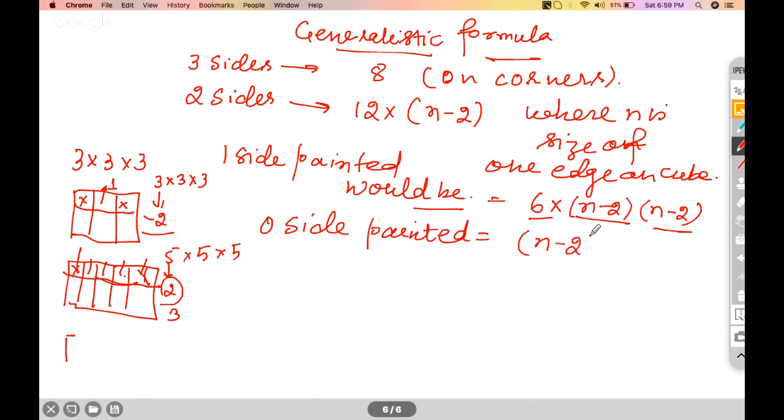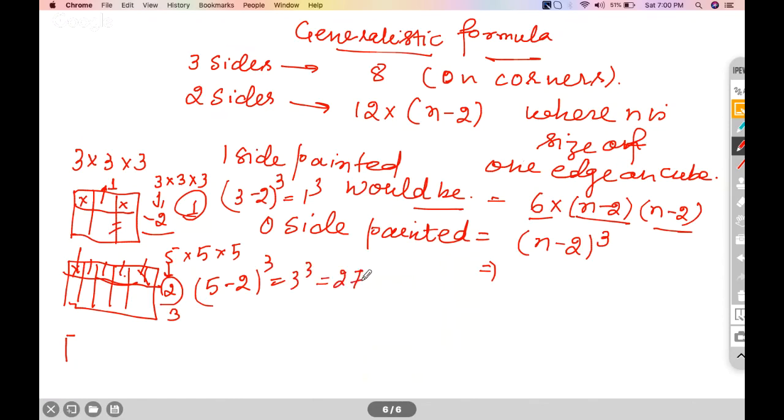n minus 2 cube. So you see here, in 3 side painted, 0 side painted came out to be 1. So it became 3 minus 2, so 1 cube. In 5 side painted, it came out to be 27. You check your answer. So it was 5 minus 2 cube, which is 3 cube. That's why it came out to be 27.